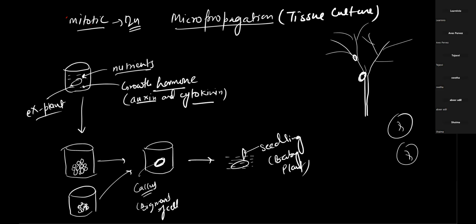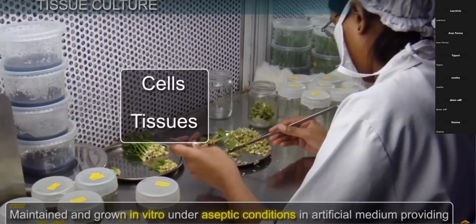So initially we take a suitable part of the plant. Like you can check first.